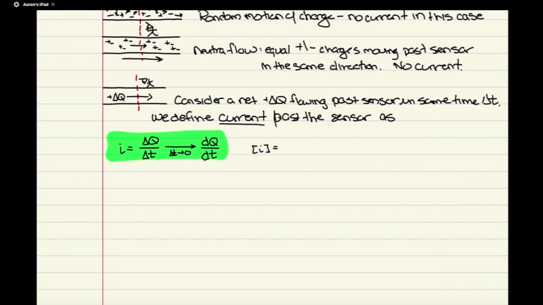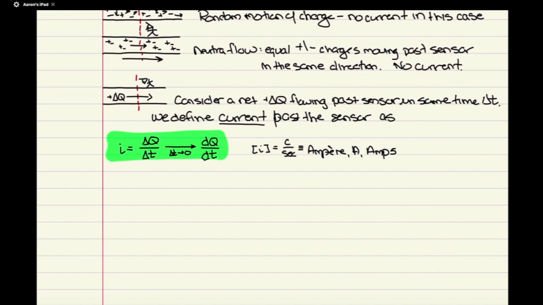The units of current, just by looking at the equation, are coulombs per second in SI units, which we define as the ampere, usually written as A. Amps is another way you might see this. Named after Ampere himself, who studied current in great detail.